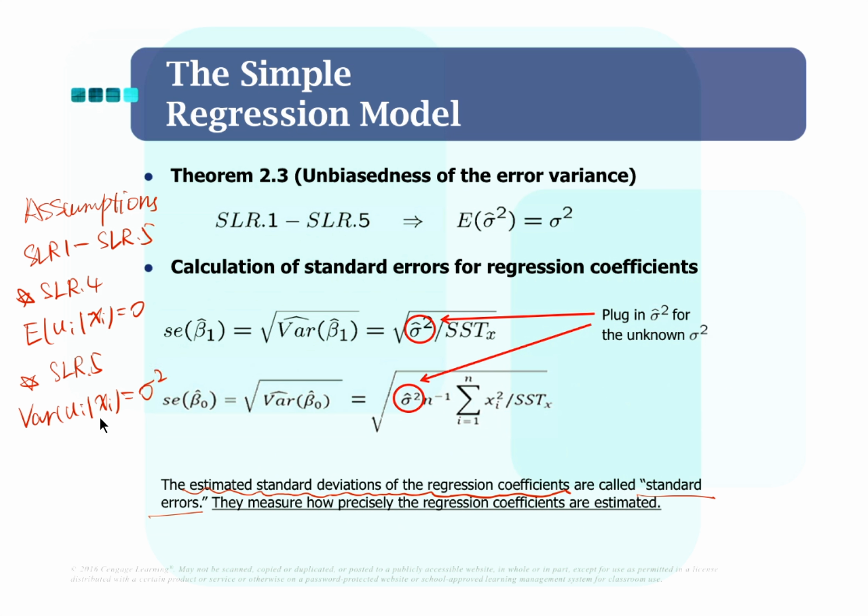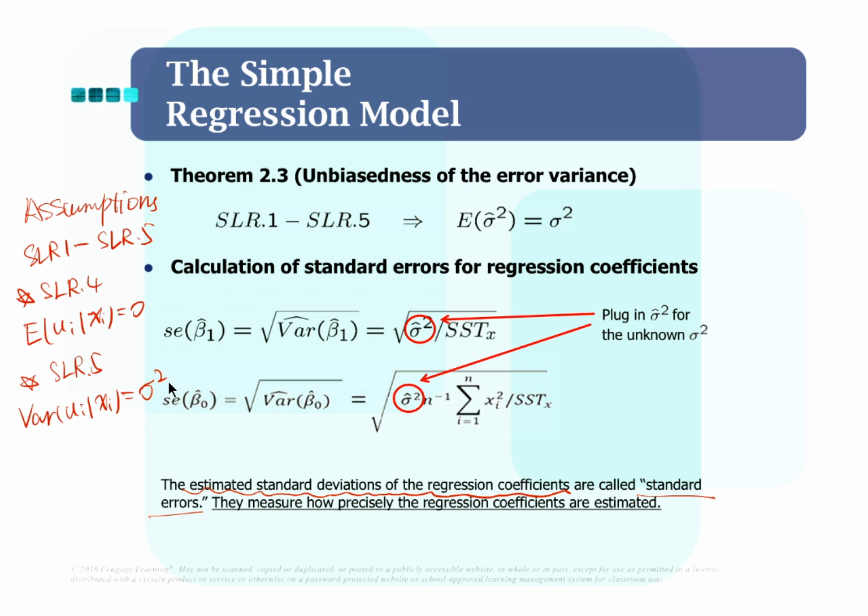This is also called the homoscedasticity assumption. SLR4 is called the zero conditional mean assumption. These are the important things that you need to remember, and also the results. You don't need to know how we arrive at these results, but remember the results.